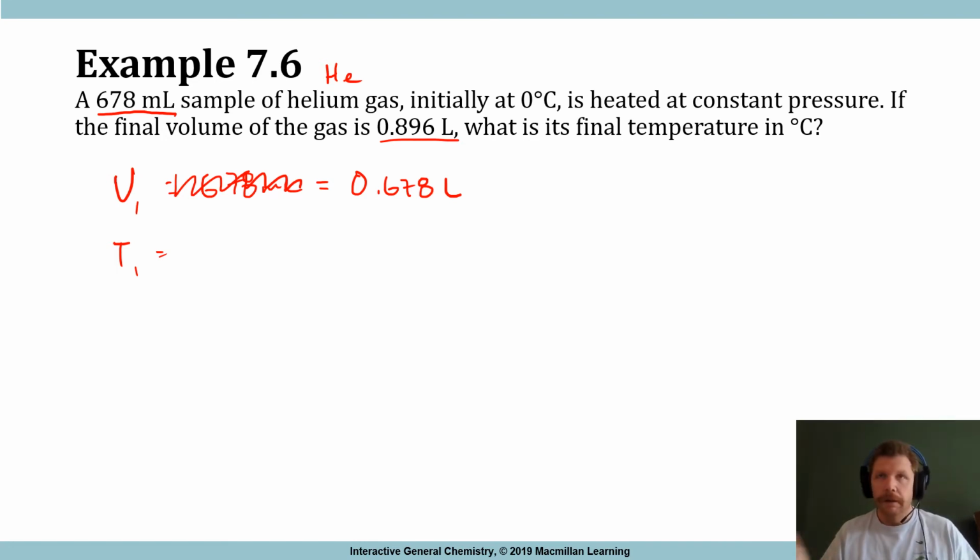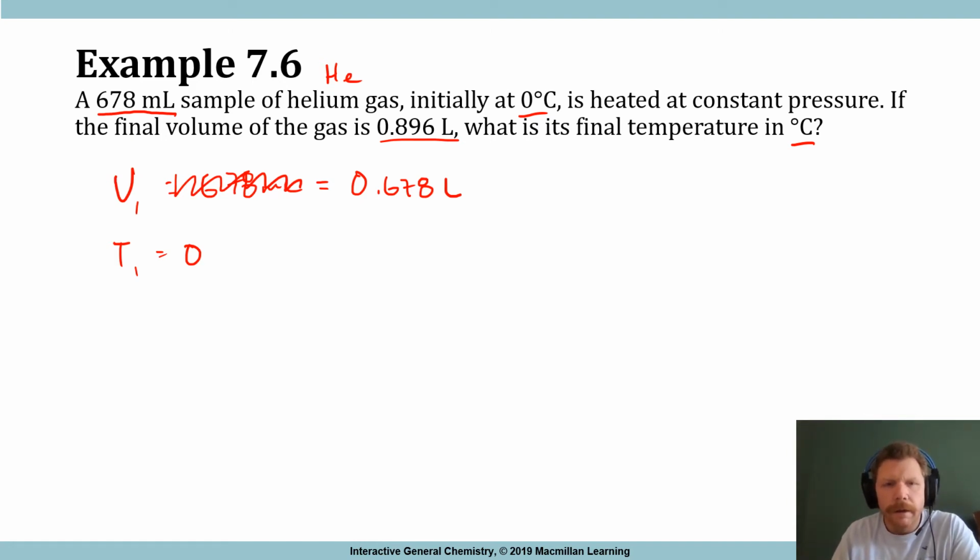That's a very simple relationship. And my question presents temperatures in degrees Celsius. So 0 degrees Celsius is heated at constant pressure. If the final volume of the gas is 0.896 liters, what is the final temperature in degrees Celsius?